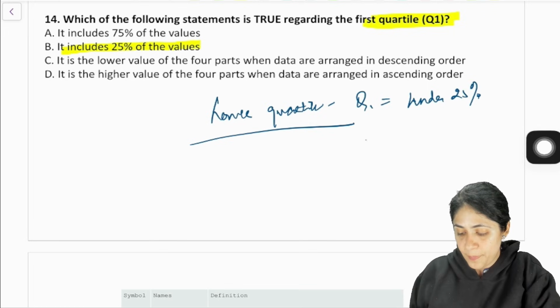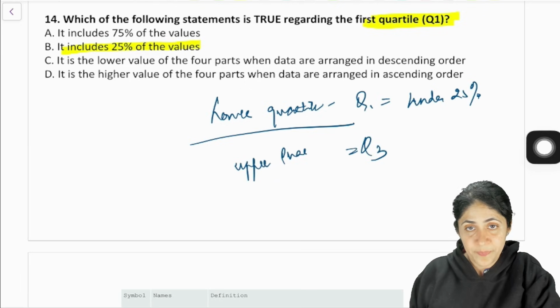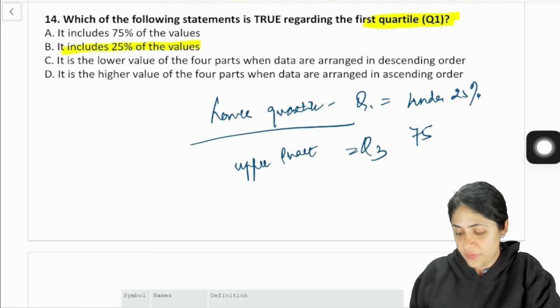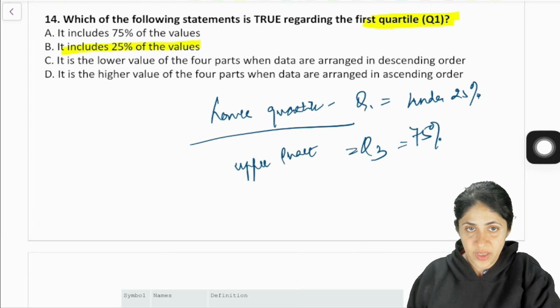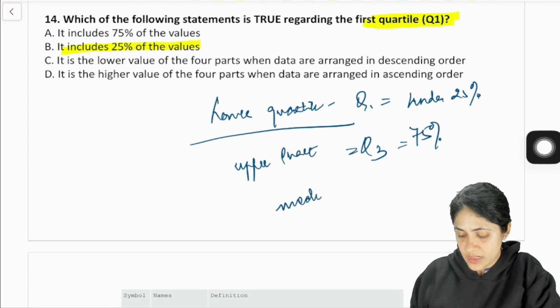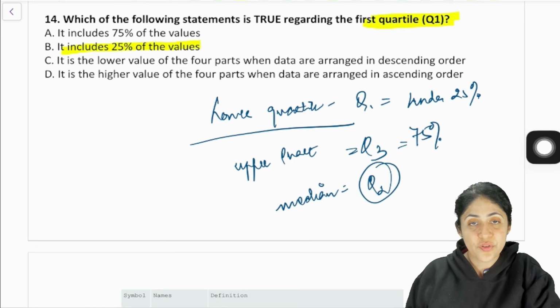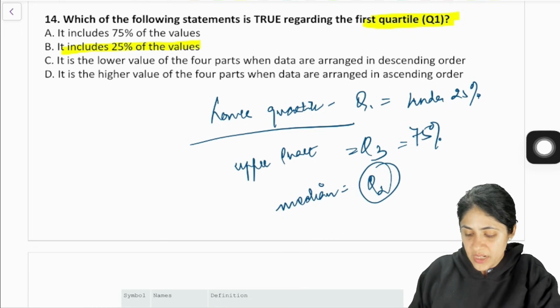The upper quartile, which is Q3, is the value under which 75% of the points lie when you put them in increasing order. The median, the central value, is called Q2. And what is the interquartile range?